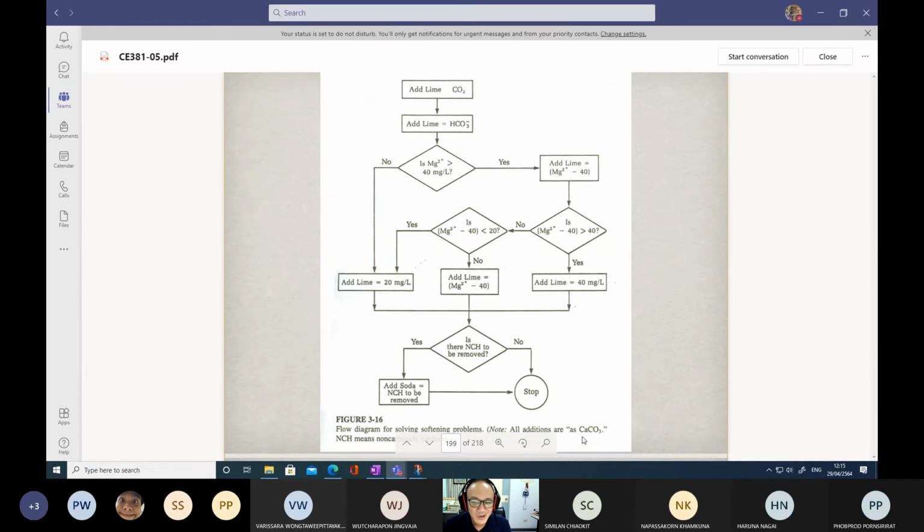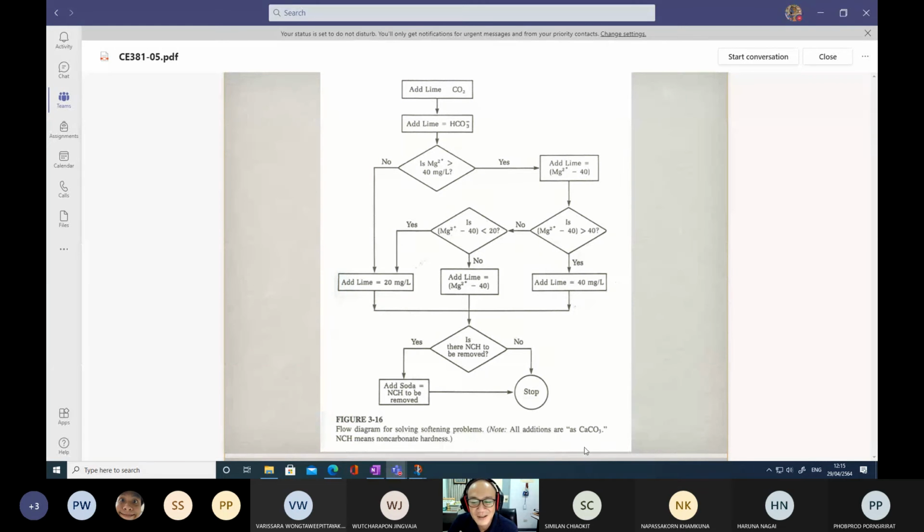All the units are milligrams per liter, though they did not write milligram per liter as calcium carbonate, but you should recognize that this milligram per liter is actually milligram per liter as calcium carbonate. They haven't written it here, but we must know it.